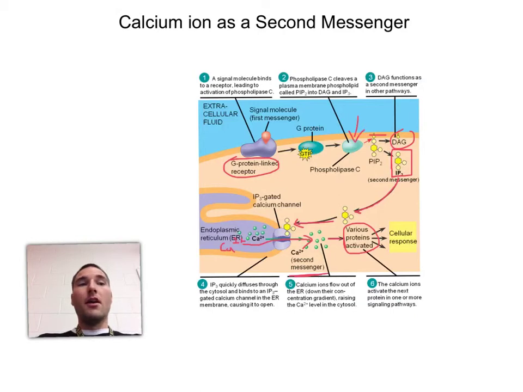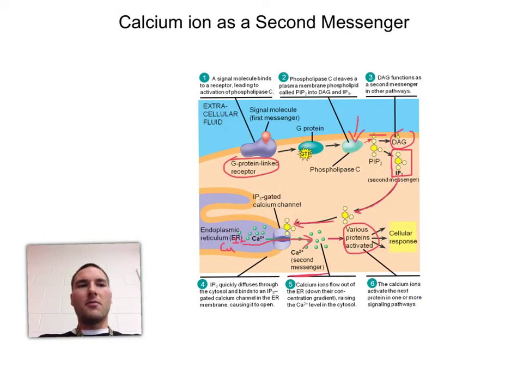All this time, we would be having calcium pumps pumping the calcium back across the membrane, which means relatively quickly we're going to get the cell back to its original state, and those proteins are going to be deactivated for the cellular response. And so if we want to continue to keep them active, we'd have to continue to make this IP3 so that it can open up the gate proteins so that calcium can come out and we can stay activated. So here's another second messenger.